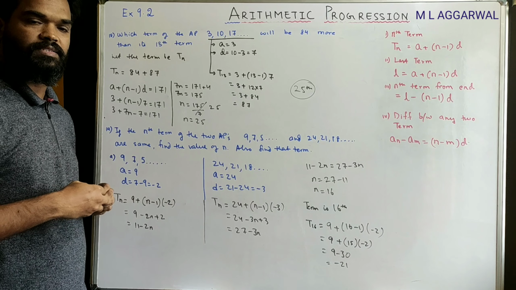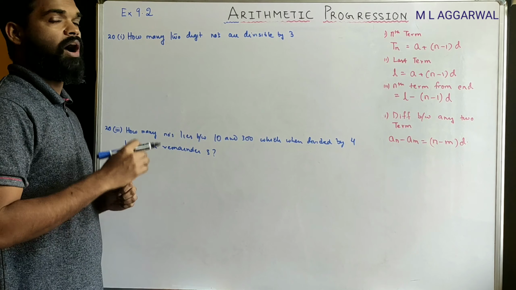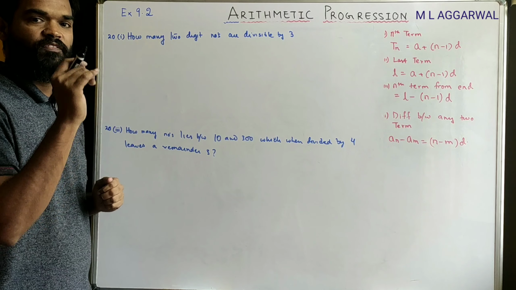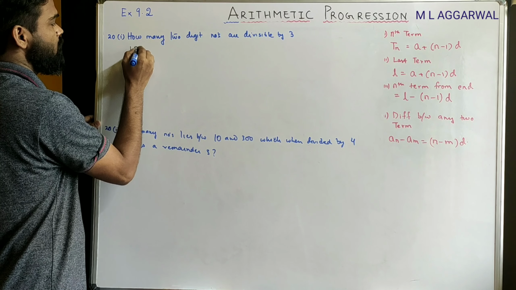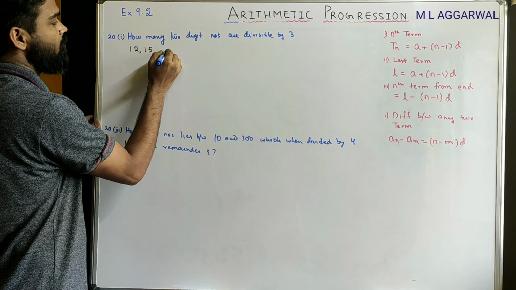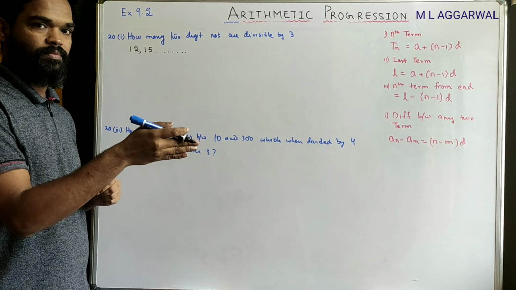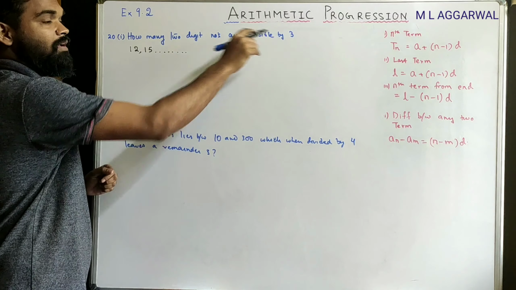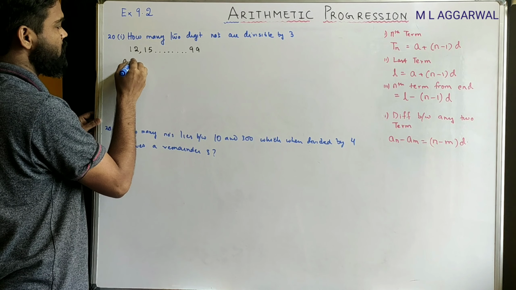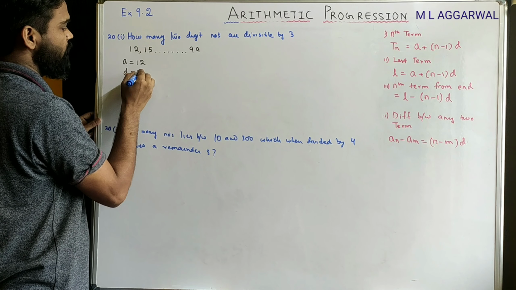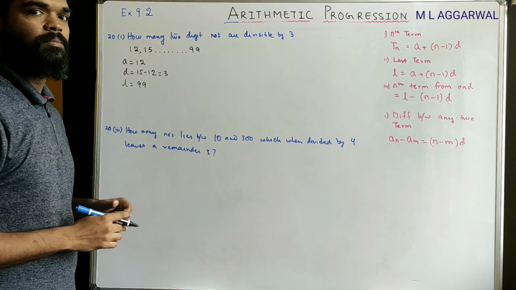Now let us look at the next sum. Now look at this sum, very interesting. 20 part 1. How many two-digit numbers are divisible by 3? We know the first two-digit number divisible by 3 is 12, then 15. And the last two-digit number divisible by 3, the highest two-digit number is 99, and that is divisible by 3. So you got your first term as 12, your difference as 3, and your last term as 99. So how many terms are there? They are asking that only.